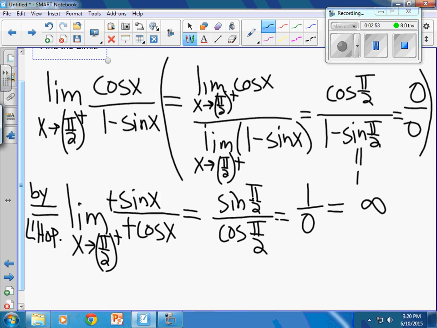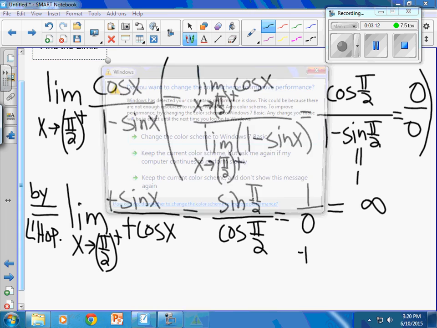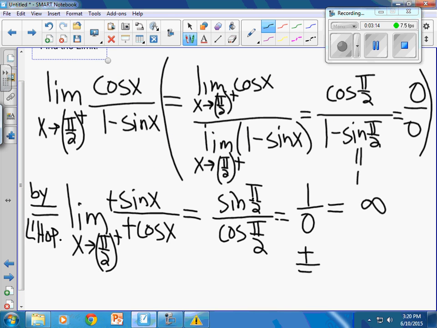The cosine of x is negative. So actually, we have the numerator getting closer to 1 from below, the denominator also getting closer to 0 from below. That means it's a negative number. So we actually have a positive number divided by a negative number, which gives us negative infinity for our limit.